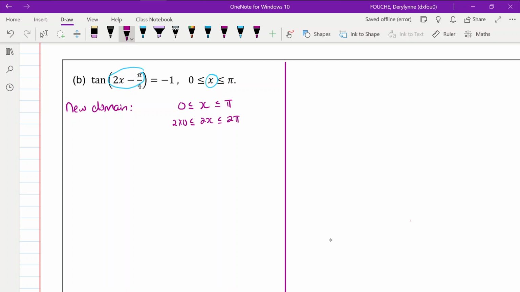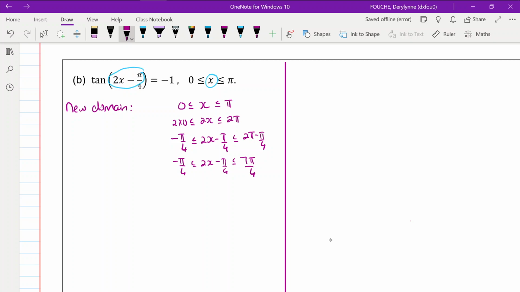So that's 0 minus pi on 4, which is negative pi on 4, then 2x minus pi on 4, and 2 pi minus pi on 4. And that means my new domain is negative pi on 4 to 7 pi on 4.